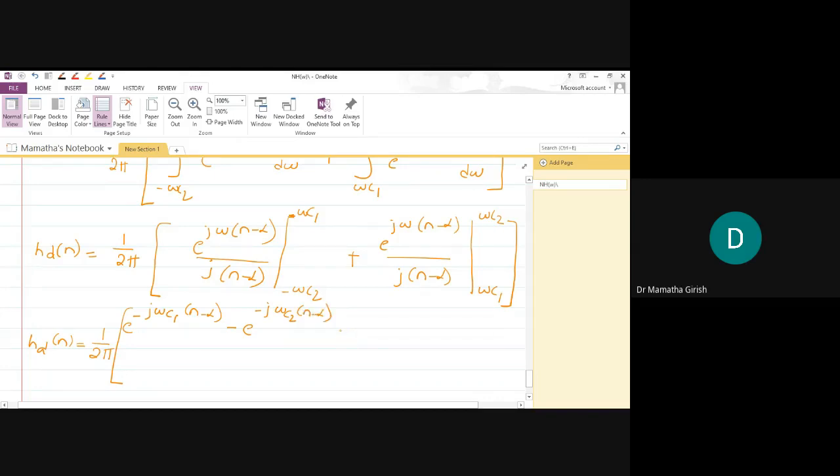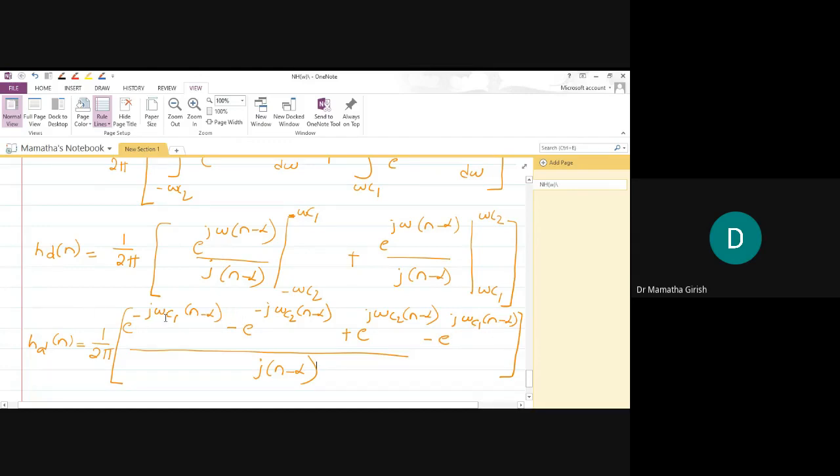Next, the second set of terms: plus e to the power of j times omega c2 of n minus alpha, minus e to the power of j times omega c1 of n minus alpha. The common denominator, we forgot that, is j times n minus alpha. Please note the common terms for omega c1 and omega c2.